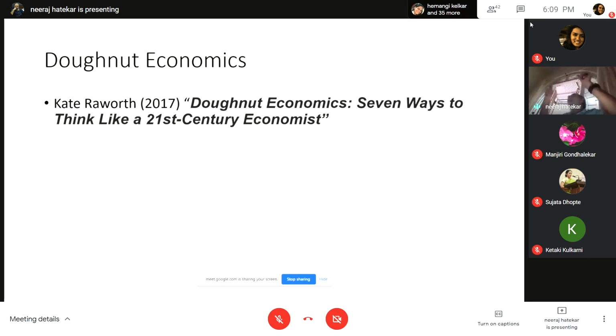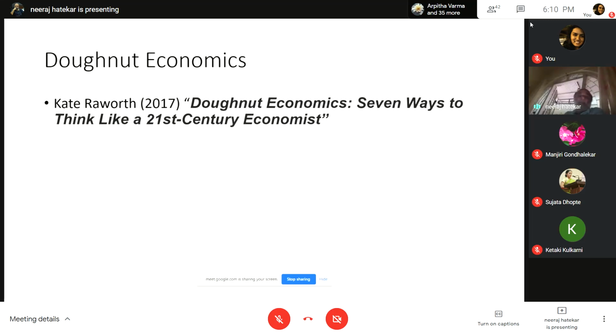So there is that whole region in between, which she calls the donut. The donut has a hole in the middle, then you have the ring around it, and then the brink of the donut. So it is on that ring that we must function. And what Kate Raworth has done is derive certain measures, quantifying how one can operationalize this idea.